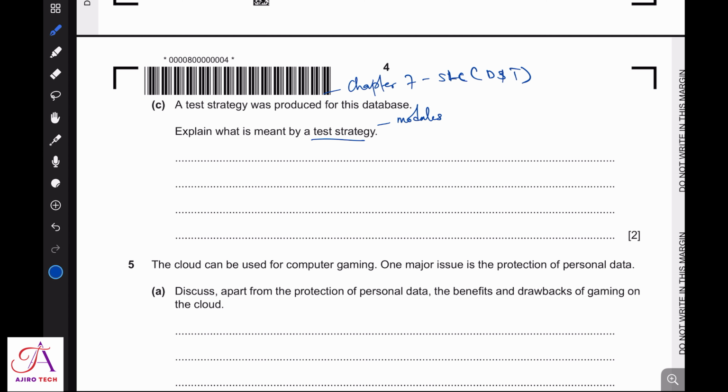So we can now say that it explains how each model is to be tested.